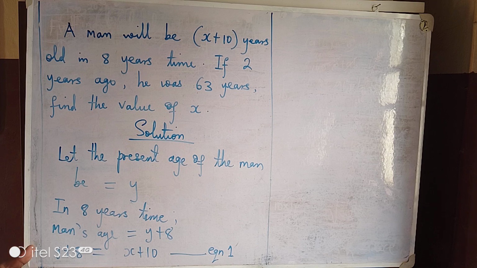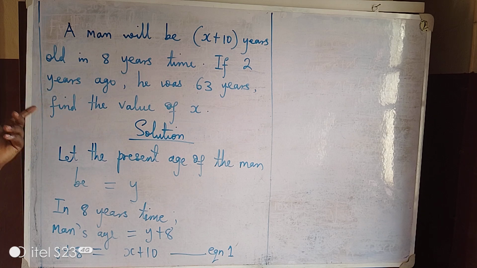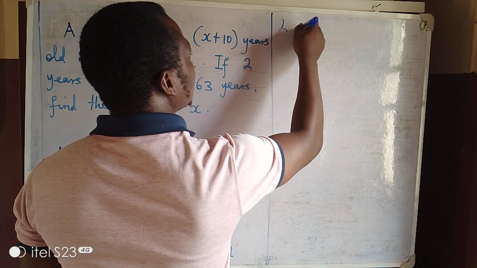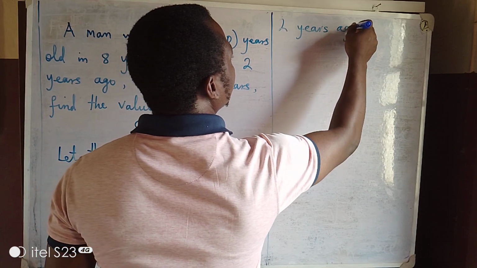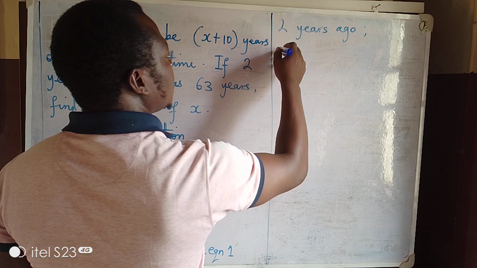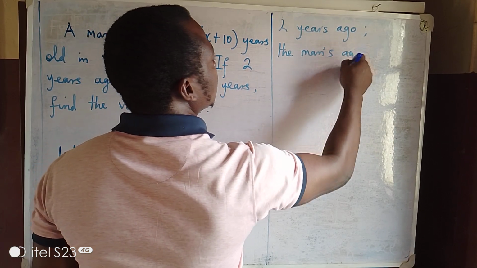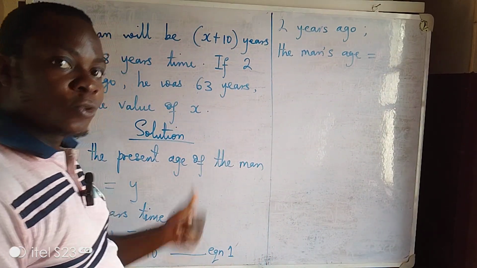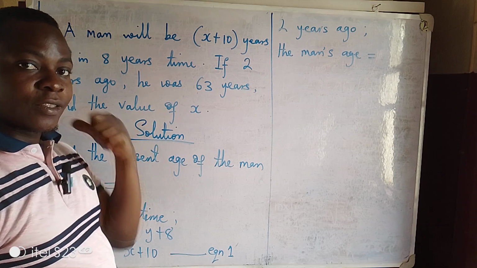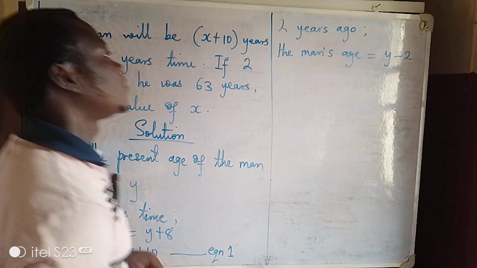Then the next thing, let's look at the next sentence. They say 2 years ago the man's age was 63. We know that the present age is y, so 2 years ago we are going to subtract 2 from the present age, so that will be y minus 2.